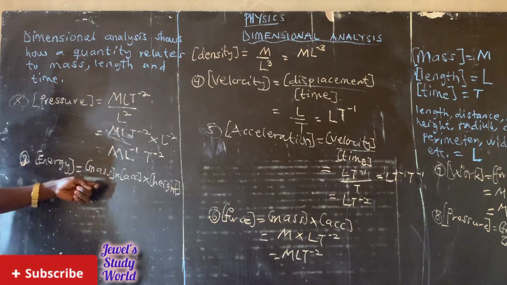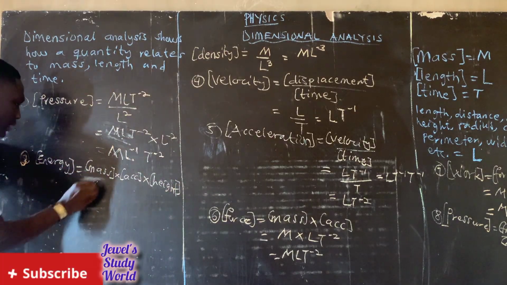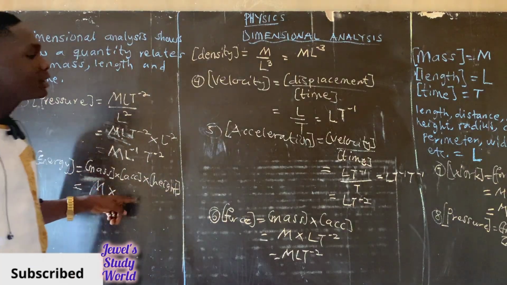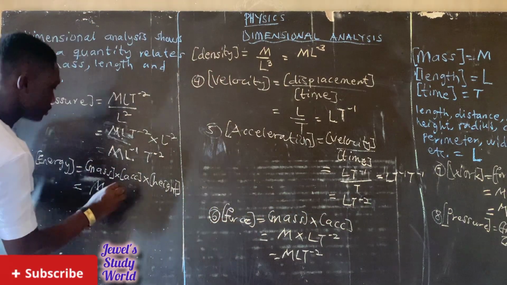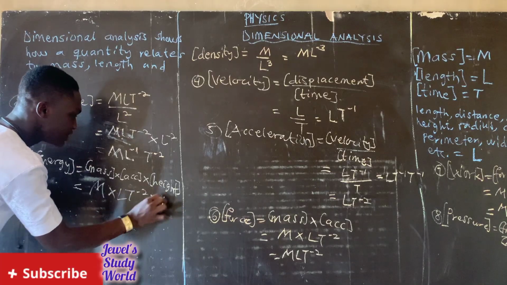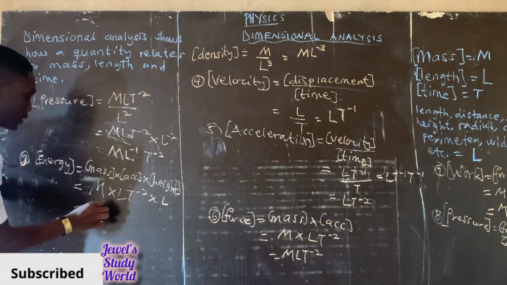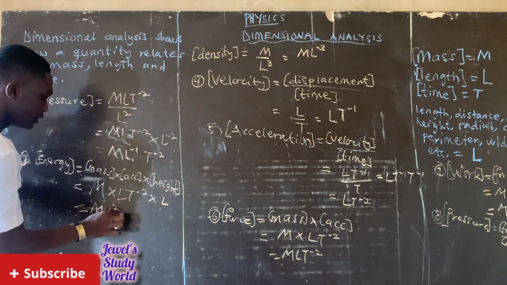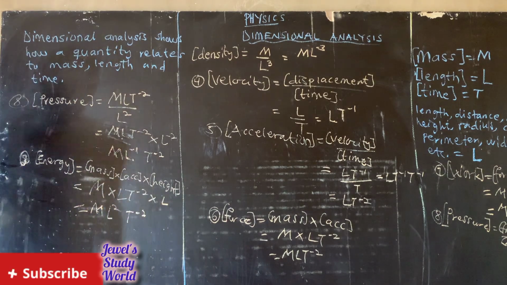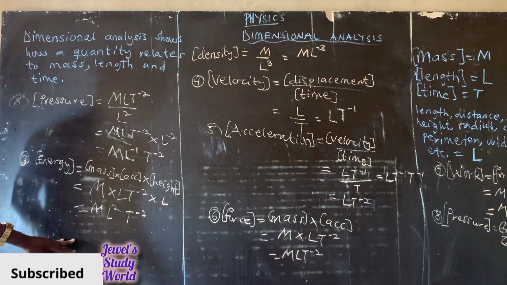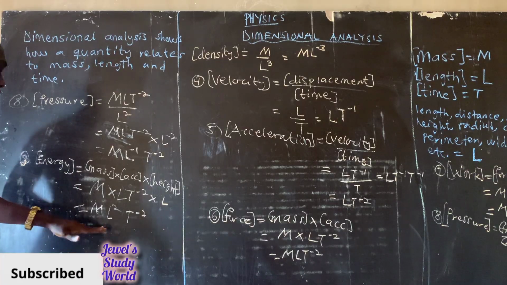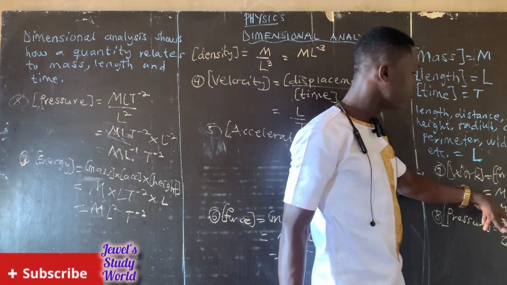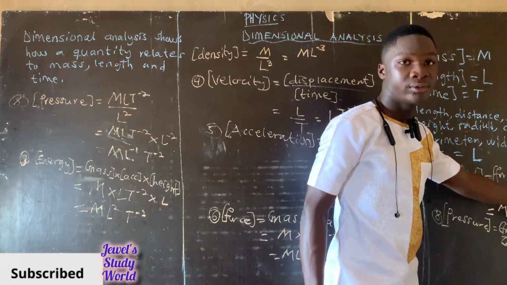The dimension of mass is capital M, the dimension of acceleration is LT negative 2, and height is L. So I have M, then for L, 1 plus 1 giving me 2, and then T negative 2. You can see that the dimension of energy, ML^2 T negative 2, is the same as the dimension of work, ML^2 T negative 2.